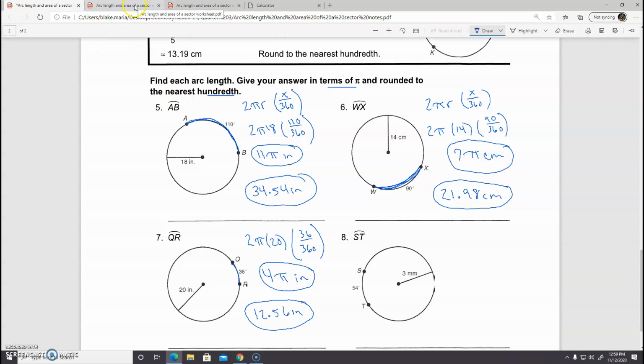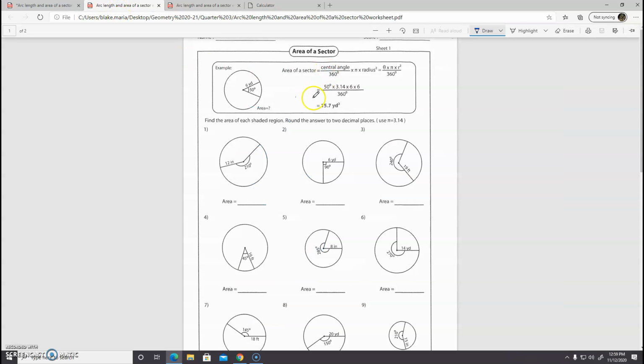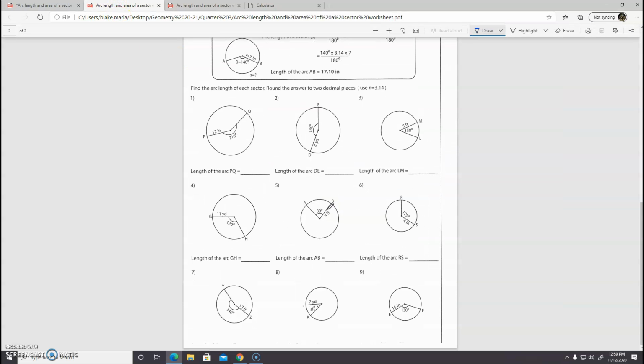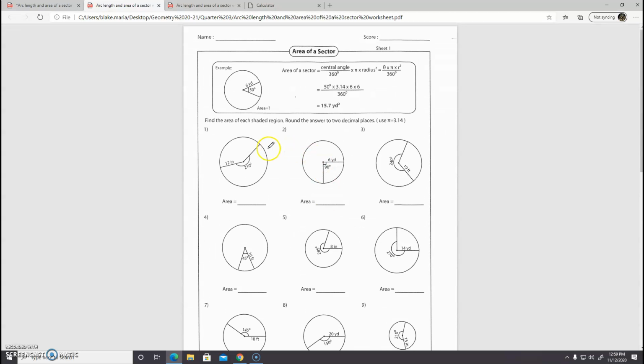Now the worksheet you have, so make sure you do the worksheet first. One side is area of a sector, and the other one is arc length. I swear these were shaded. These were shaded when I had them, but I guess the shading went away when I copied it.